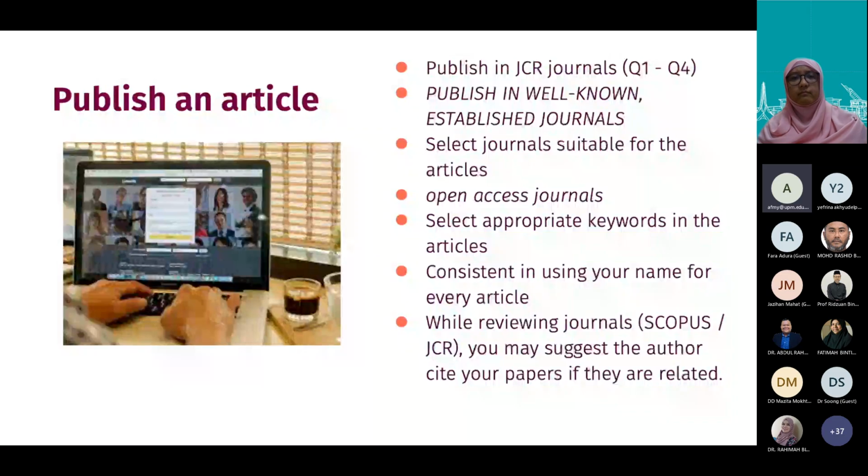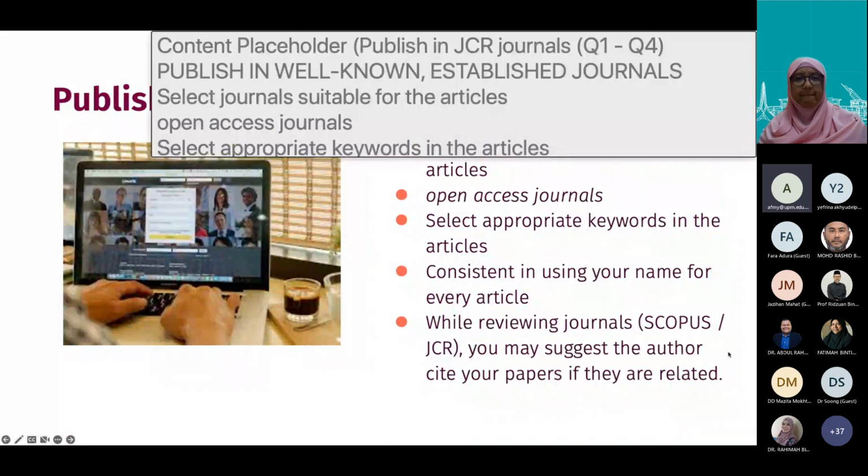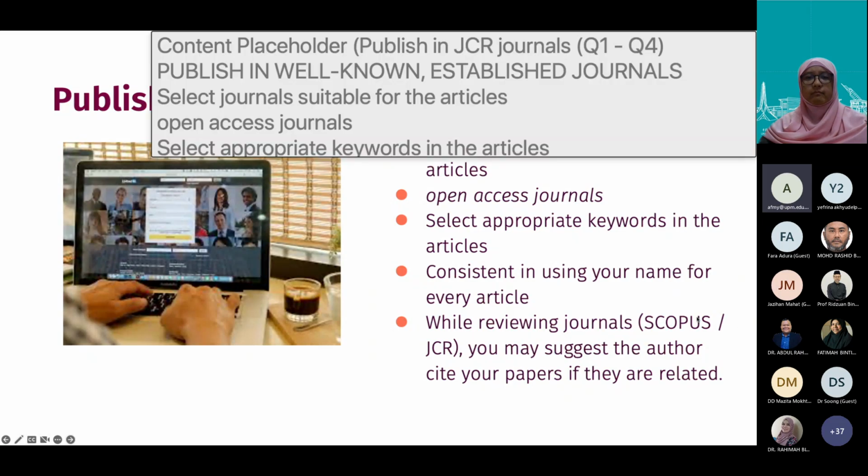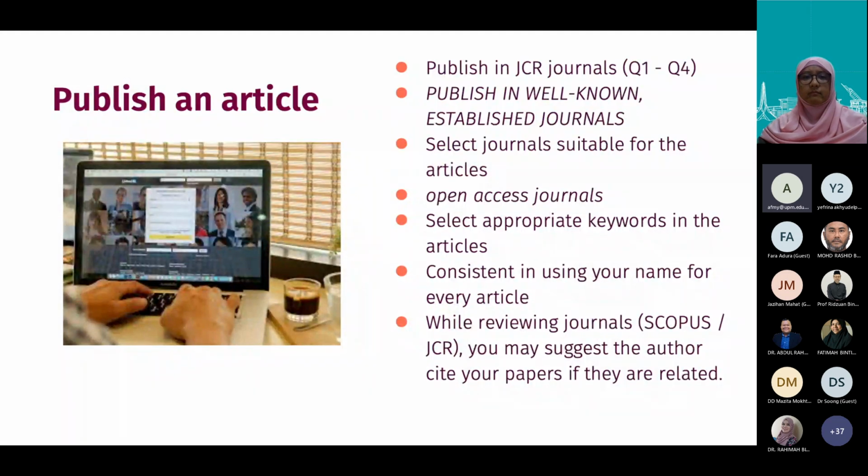Or also, this one is also controversial. While reviewing a journal, you may suggest the author cite your papers if they are related. Maybe some of you will think that this is unethical, but that is your perception. You may use this suggestion if the papers are related.